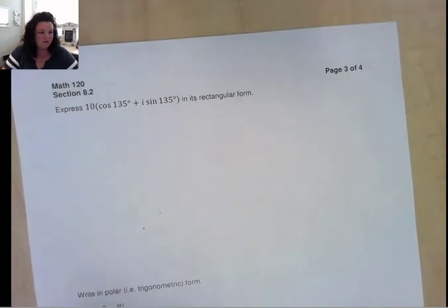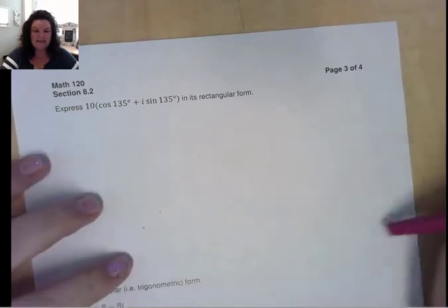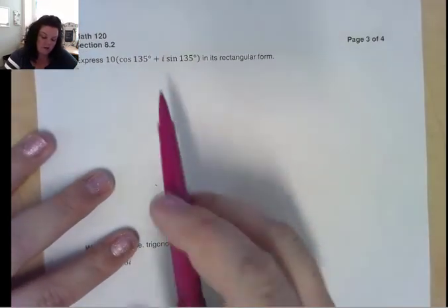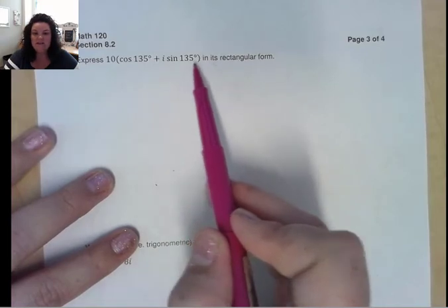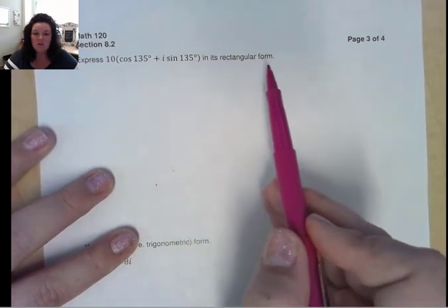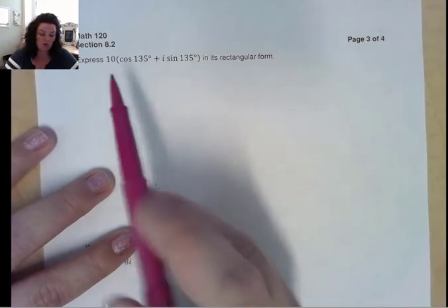So this first one says we want to express 10 times cosine of 135 degrees plus i sine of 135 degrees in its rectangular form. Right now, this whole thing is polar form.